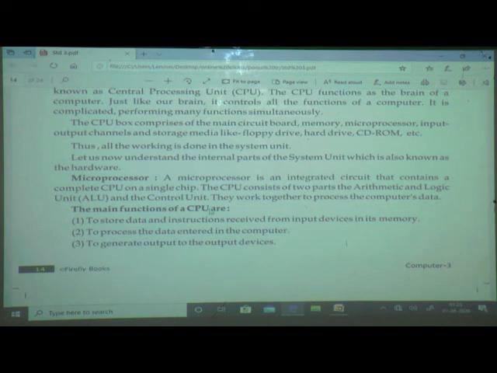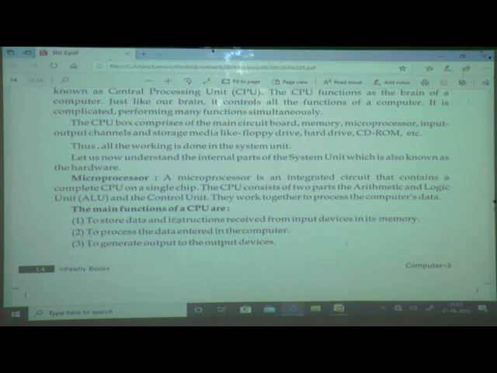The main function of the CPU. What is the function of the CPU? Why are we using the CPU? What is the use of the CPU?